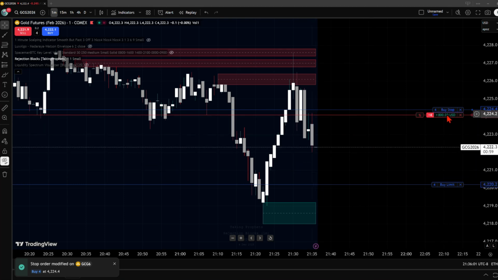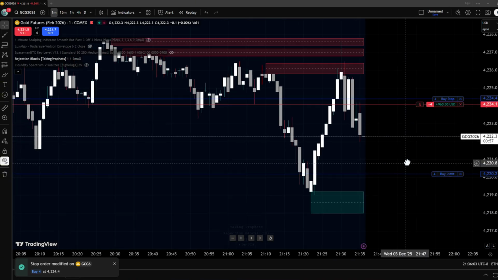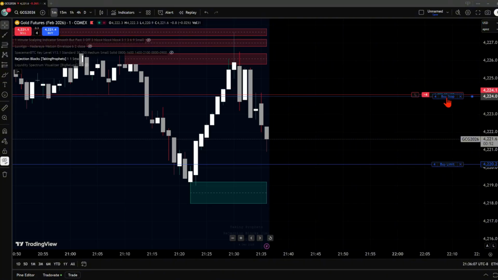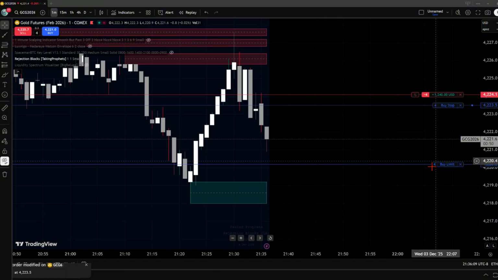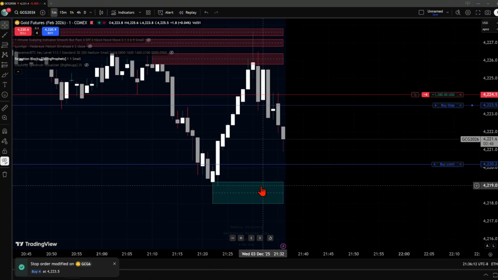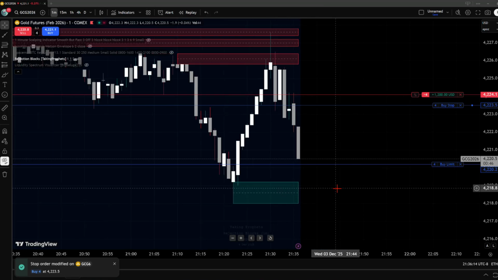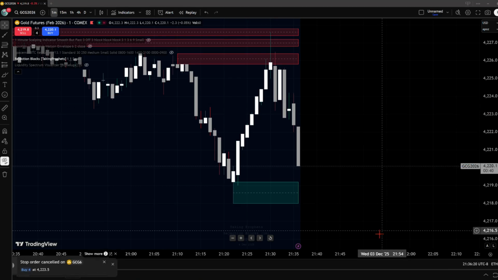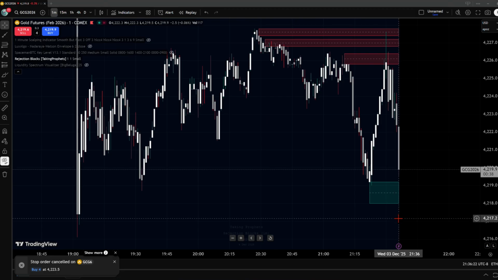So now virtually no risk on this trade. Another $1,000. Buy stop now in profit. And you can see this order block right here, which is probably what it's coming for. I can move this down, but boom, we're hit, another $1,000, and we're good to go.